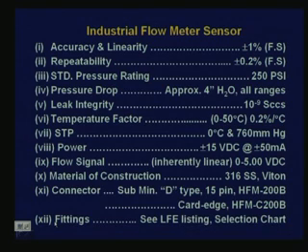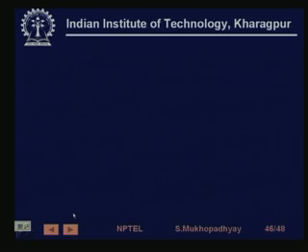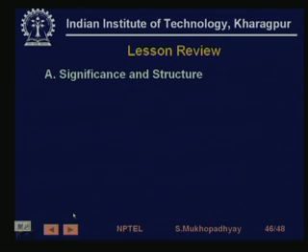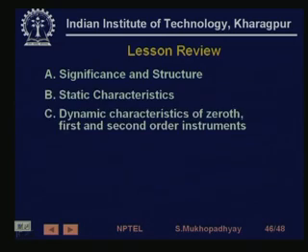So this brings us to the end of the lesson. What we have done in this lesson is that we have seen why sensors are so important. We have also seen their general structure.